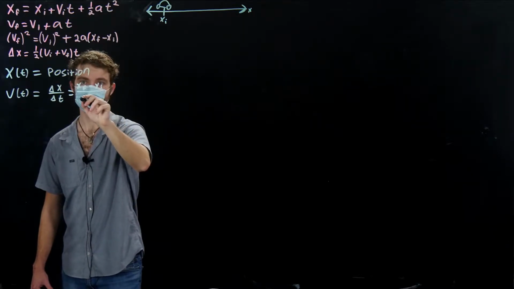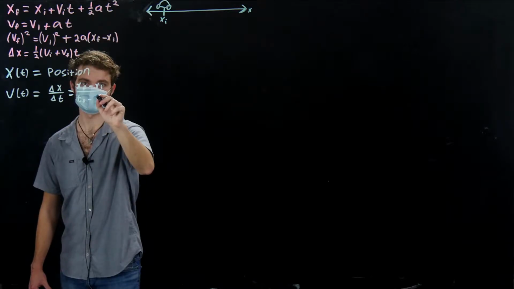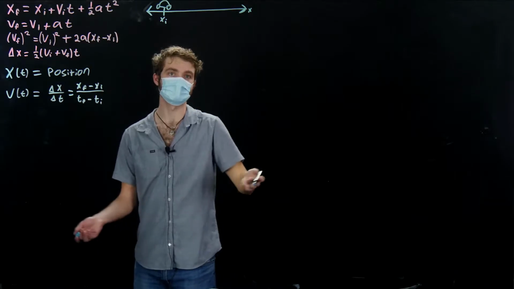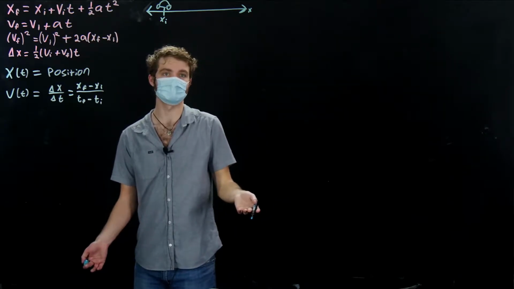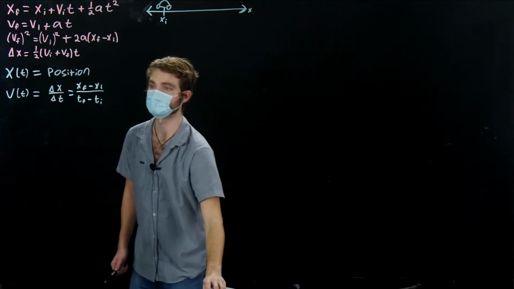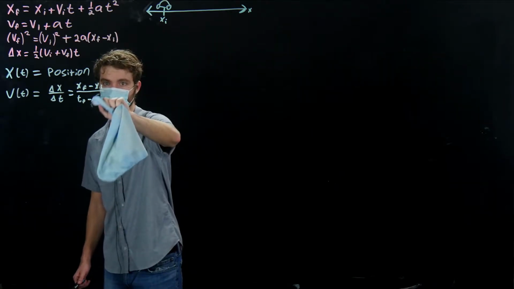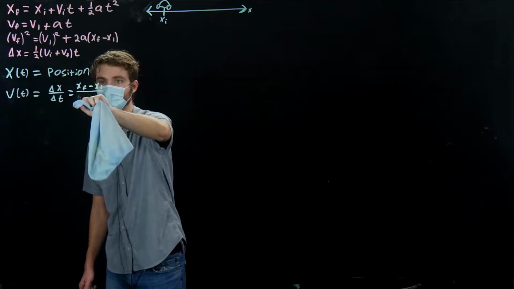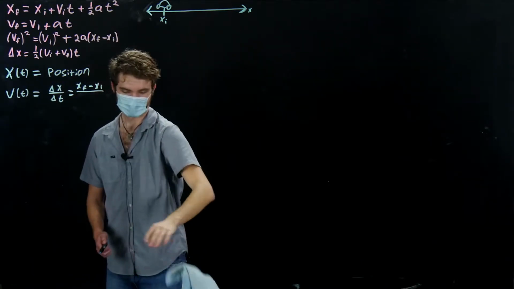And delta t is t final minus t initial. And if we think about it, t initial, we start our problem at time equals 0. So we don't need to have that t initial. We don't need to denote t final because any t is our t final. So just for reference.